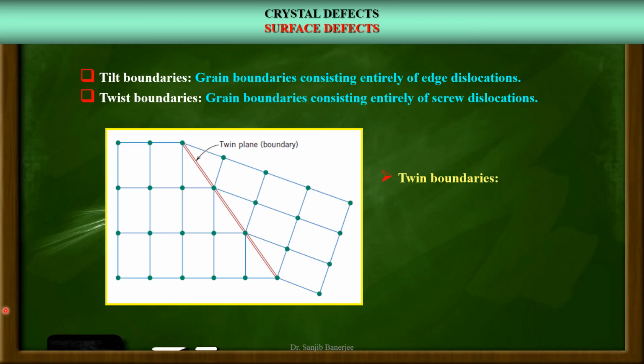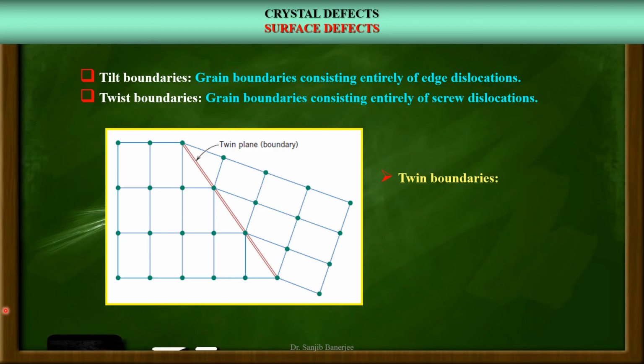Here we see a few types of grain boundaries. Now grain boundaries may consist of edge or screw dislocations. Tilt boundaries are the grain boundaries consisting entirely of edge dislocations. Then twist boundaries are the grain boundaries consisting entirely of screw dislocations.